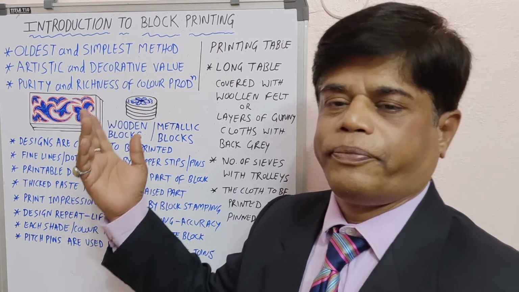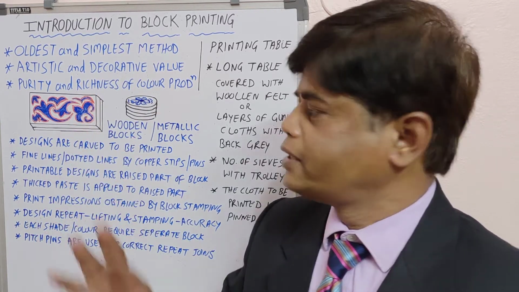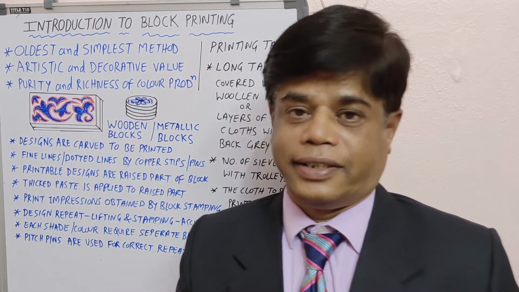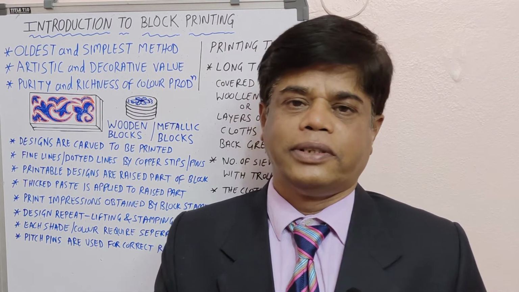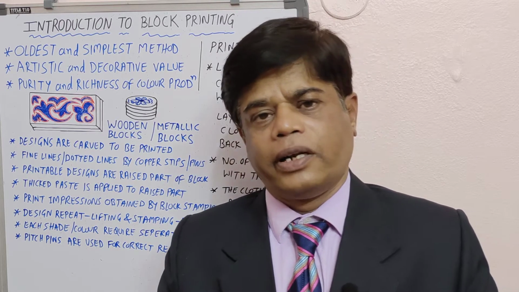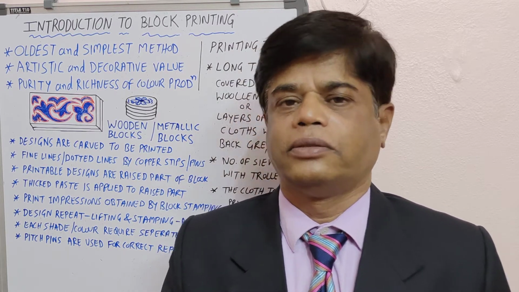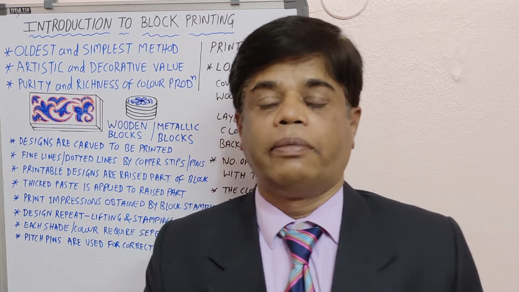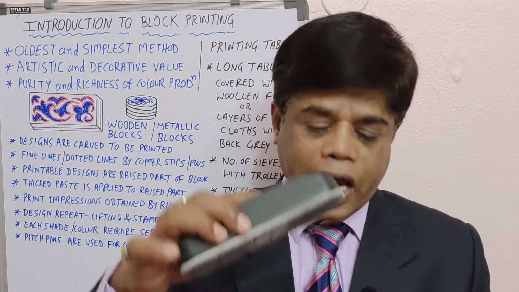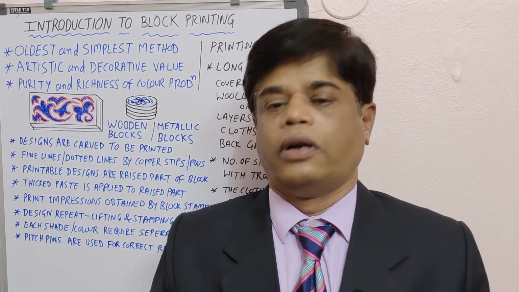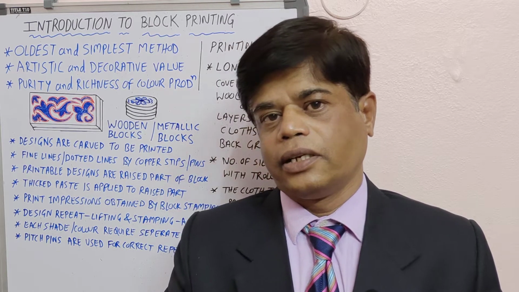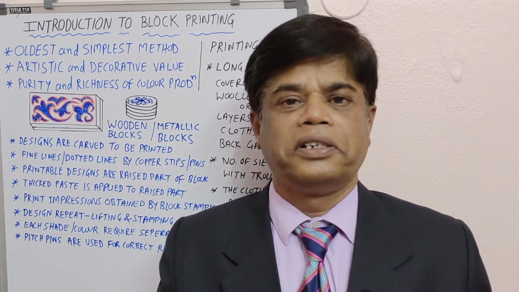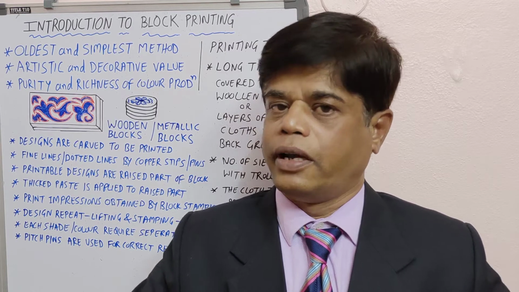See, as already told, this is the oldest and simplest method, and it has artistic and decorative value. By block printing we can make decorations. Say a tablecloth: a white tablecloth can be made decorative by giving borders, corner designs or central designs. It does not require any industrial machines or electronic devices.